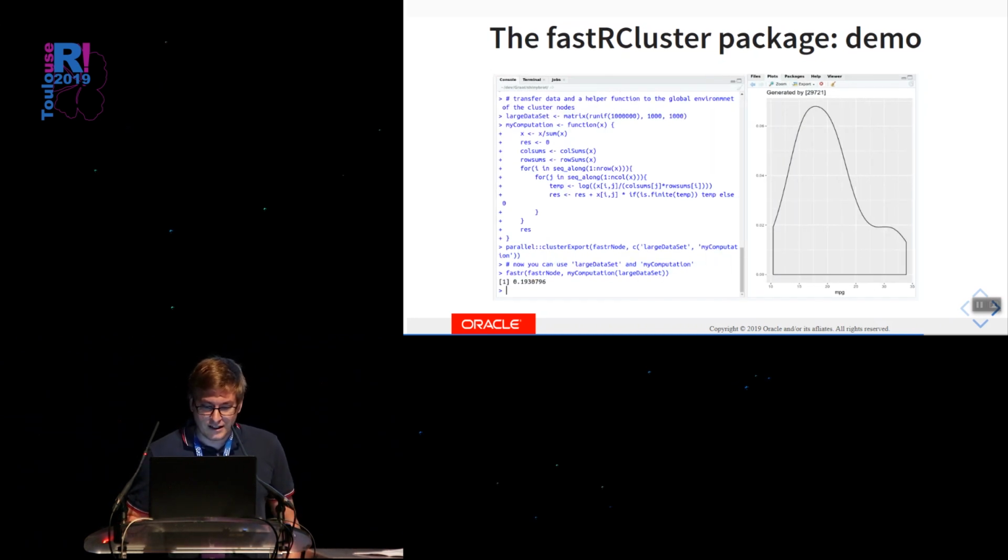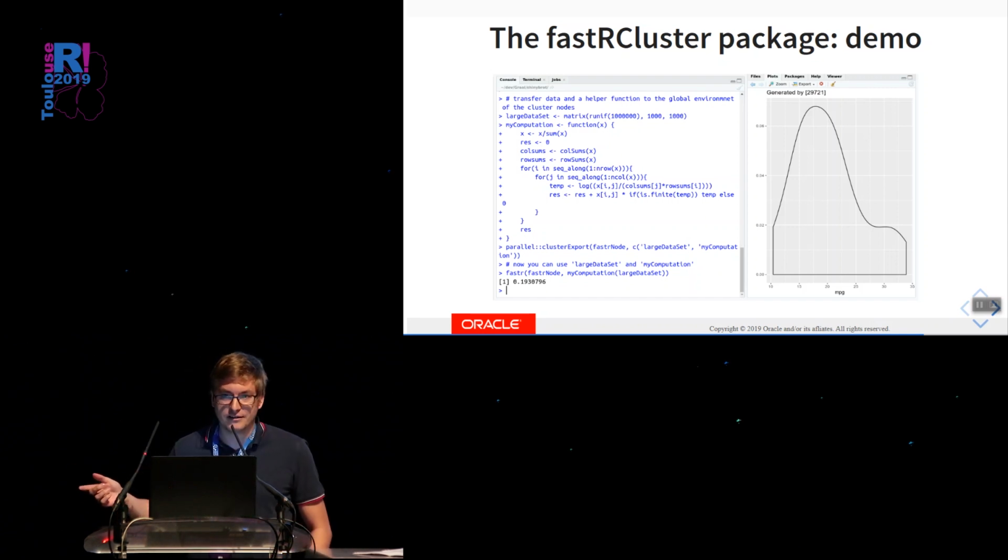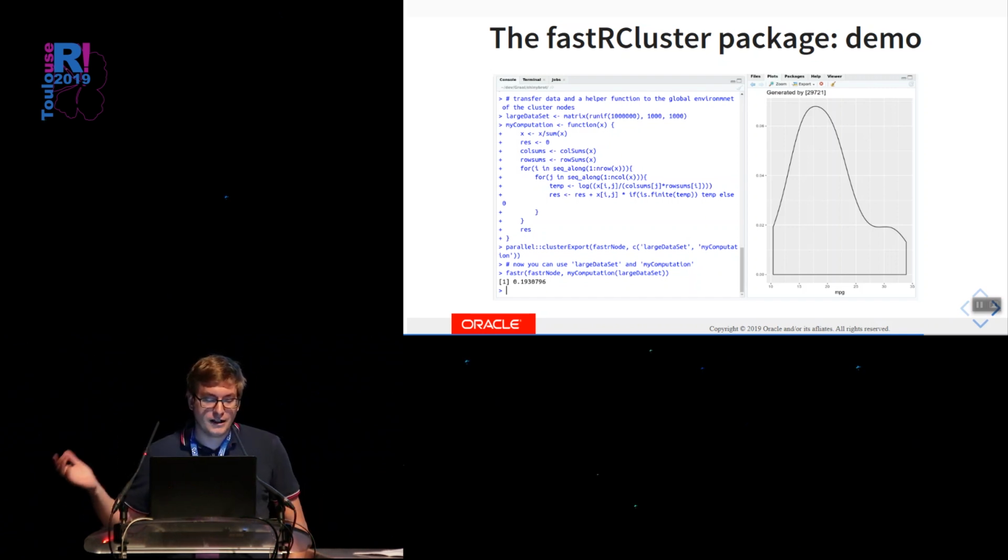And now let's do something even a bit more interesting. We have here a large data set and a function that I called my computation. I'm going to use the parallel cluster export function to make those available on the FastR node, and then I'm going to invoke that function on that large data set and get back the result.